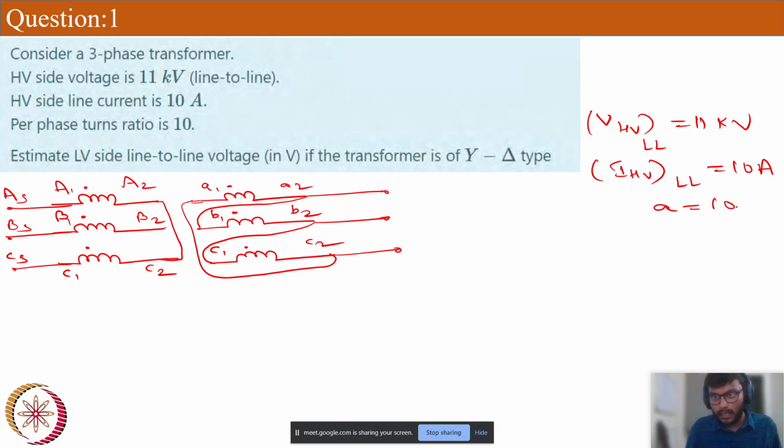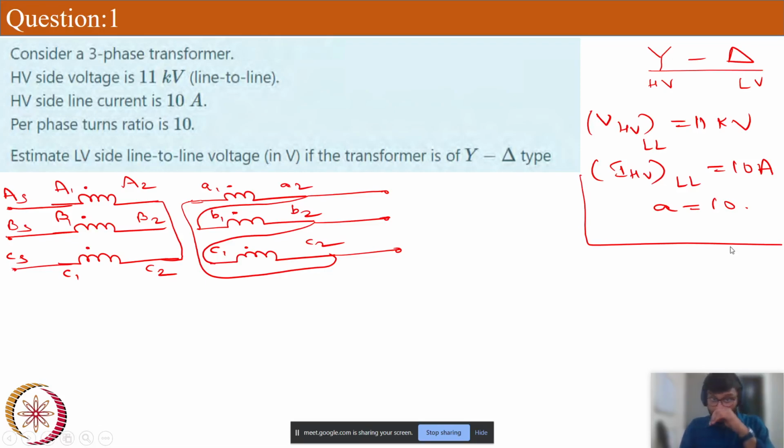I'm just writing it as A is 10. Now my transformer connection is star delta. Star is HV side, delta is LV side. So this is just data. I'm writing it on the side so that it will be useful for my calculation.